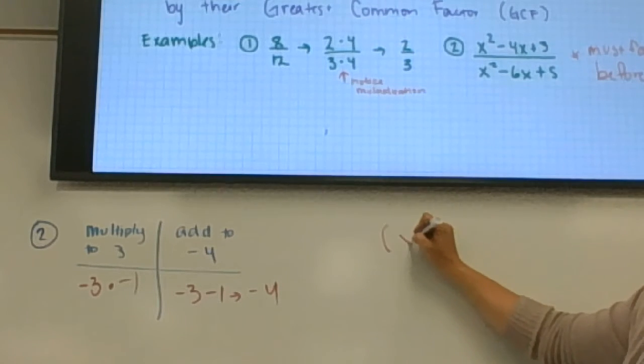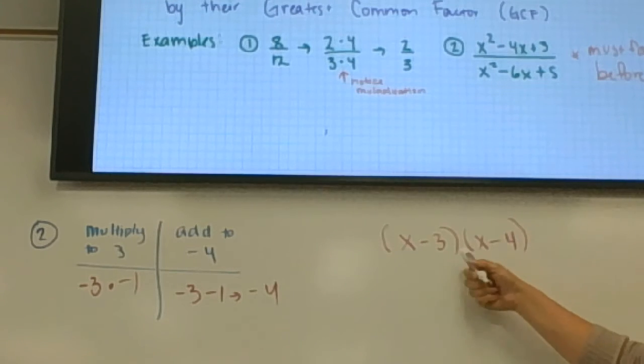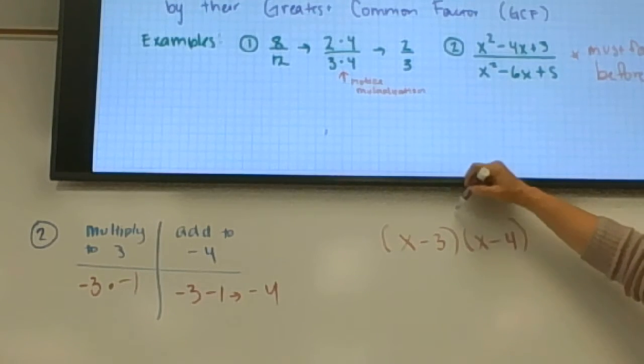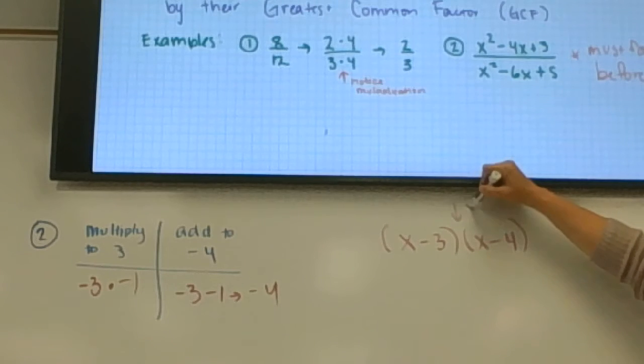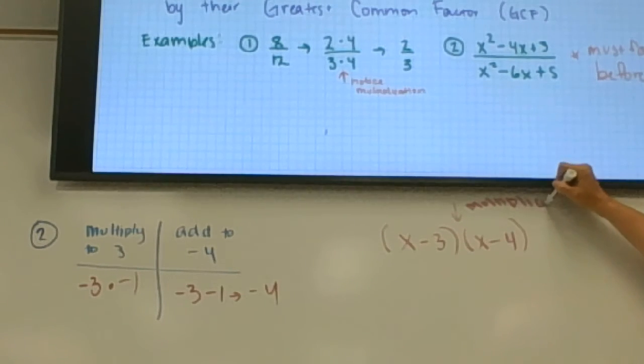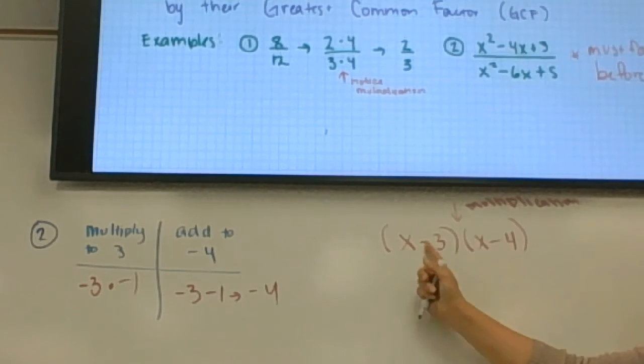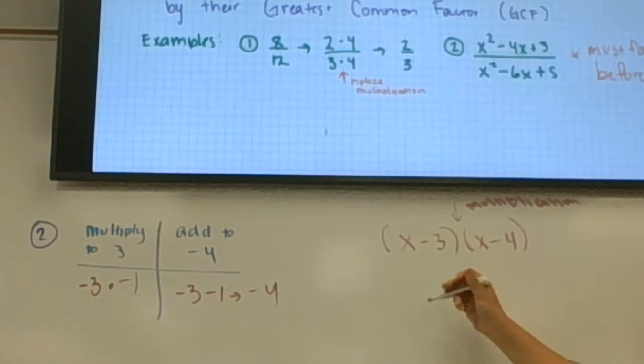So I'm going to rewrite that as x minus 3, x minus 4. Notice that this is now multiplication. Whereas this was addition and subtraction, we've now written this as a product. That's going to help us reduce it.